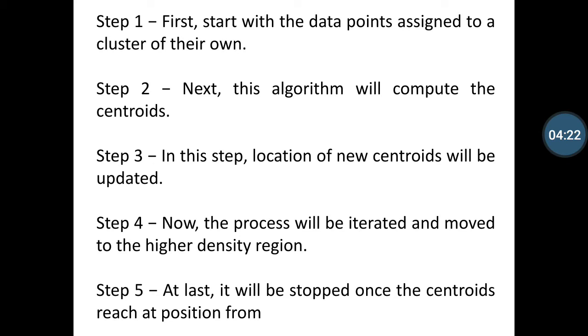The last step is step 5. It will stop once the centroid reaches its position. When the centroids or data points satisfy the condition, it automatically stops, and the data points are defined in a particular cluster.